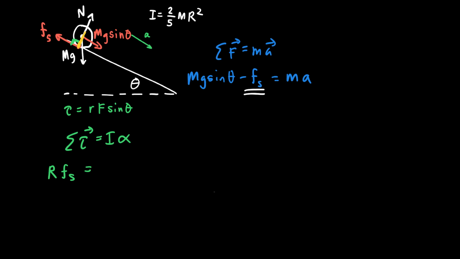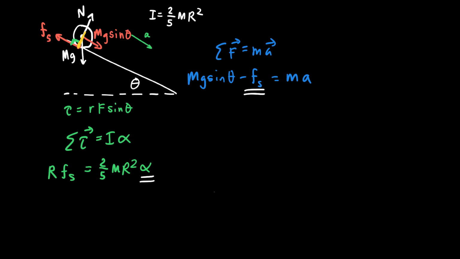I is the moment of inertia of the solid sphere, which was given in the problem, which is 2/5 mR squared. And then alpha is part of this equation as well. Since I'm solving for the linear acceleration of the center of mass of this solid sphere, then I'm not looking for alpha. Similar to Fs, the static friction force, alpha is just an added variable that I'd really like to get rid of.